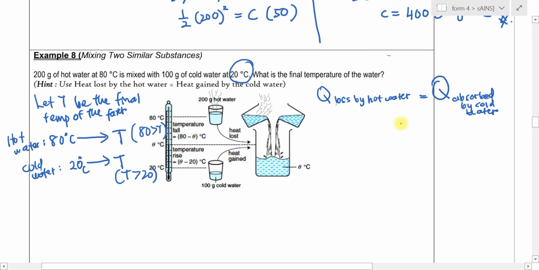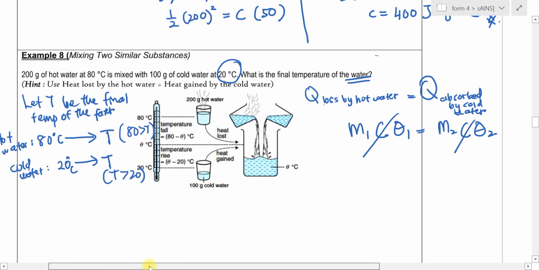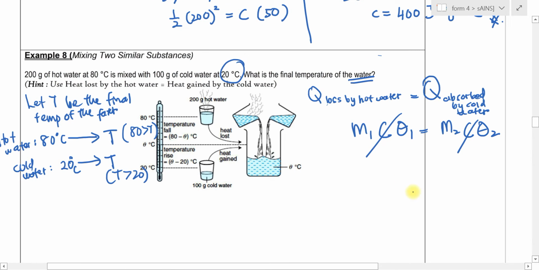So kita tengok dua-dua pun air kan, benda yang sama. So M1 C theta 1 equal to M2 C theta 2. C dengan C kita potong sebab benda yang sama, similar substance means same specific heat capacity.